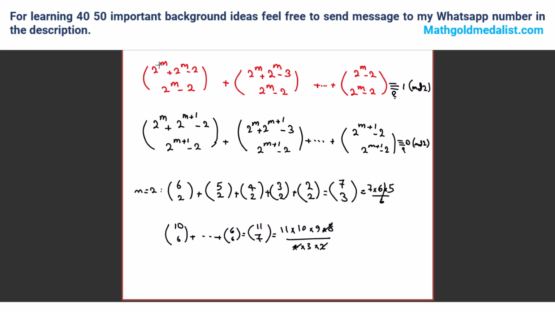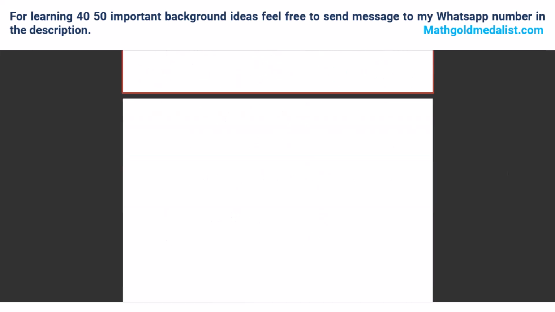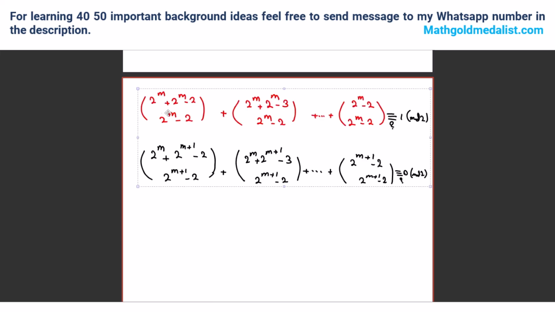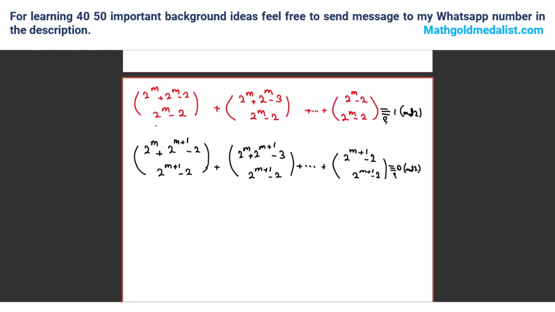Okay, so now for proving these two things, we can use these small cases and the hockey-stick identity, right? So we can say what for the first one? 2 to the m plus 2 to the m minus 1, choose 2 to the m minus 1, which is 2 to the m plus 1 minus 1, choose 2 to the m minus 1.